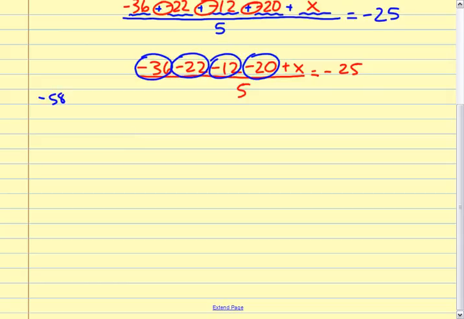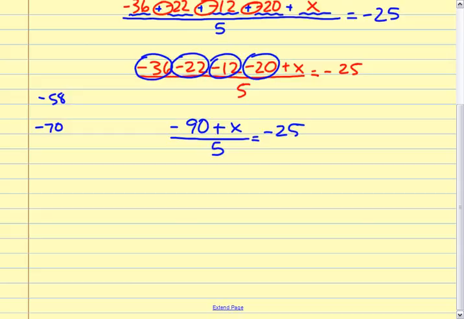I'll write that over here. Negative 58 and negative 12 gives me what, Barrett? Negative 70. Good. And then negative 70 and negative 20 gives me what? Negative 90. All right, so I got negative 90 plus X divided by 5 is equal to negative 25.